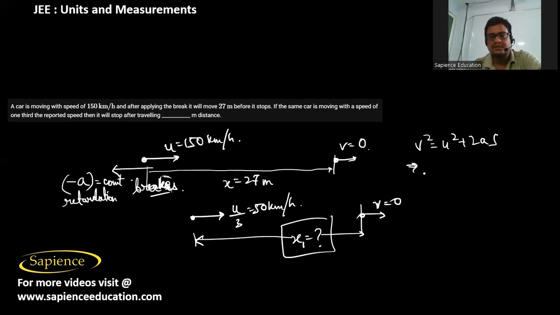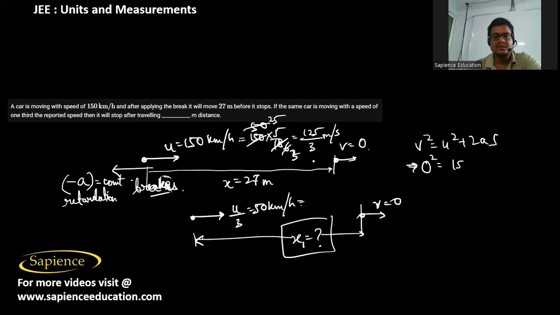So here we can say that 0 square is equal to 150 square. 150 we can convert into meter per second also, that is 150 into 5 by 18, that is 125 by 3 meter per second.